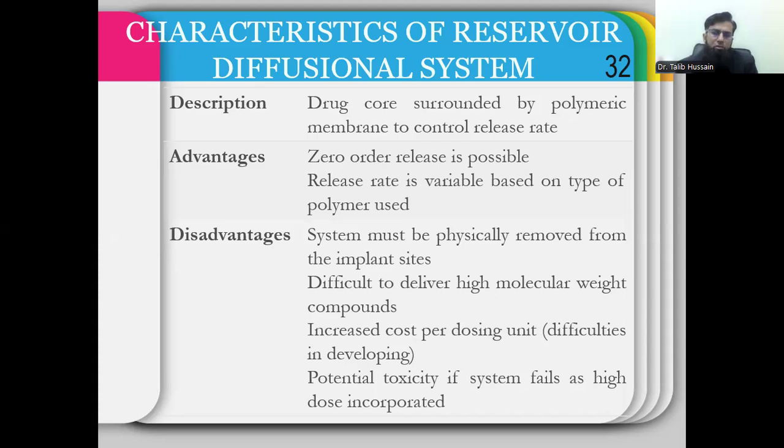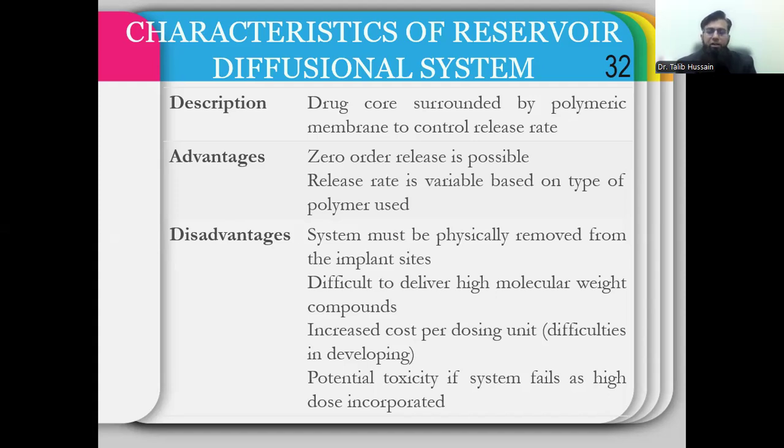The release rate can be varied depending on the polymer. If the porosity is controlled and tortuosity is controlled, we can extend the drug release from a specified time to an extended time period.